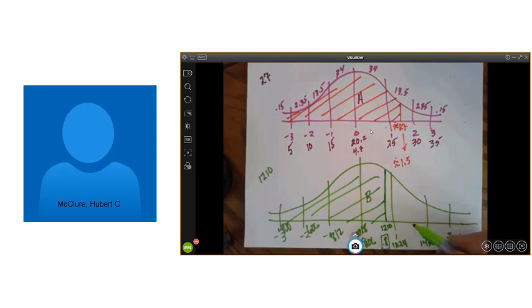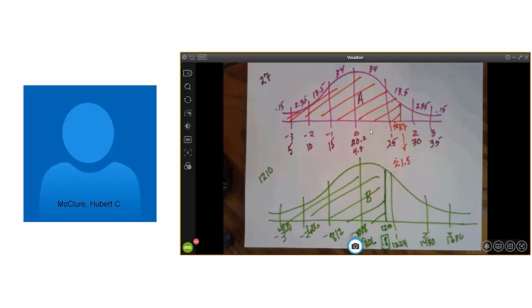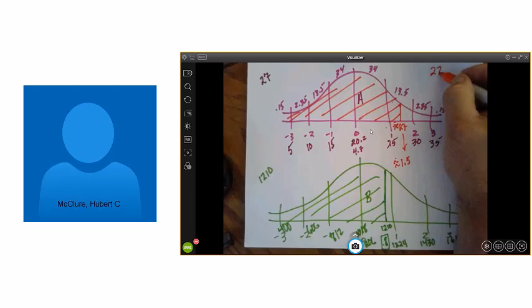So I can tell you right now that this score is going to be higher, but we'll go ahead and do it. If you've got an older calculator, you want to change this one into a z-score. That's going to be 27 minus 20.2 divided by 4.7.